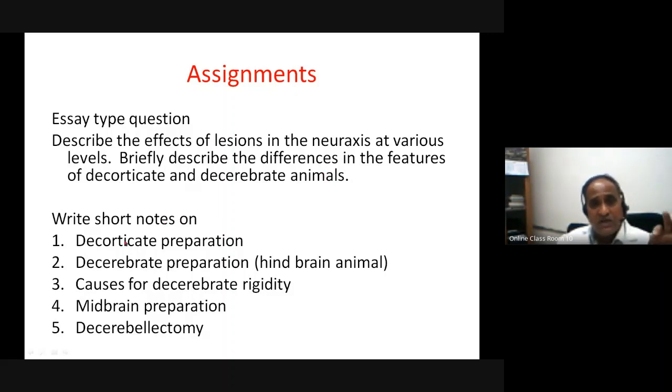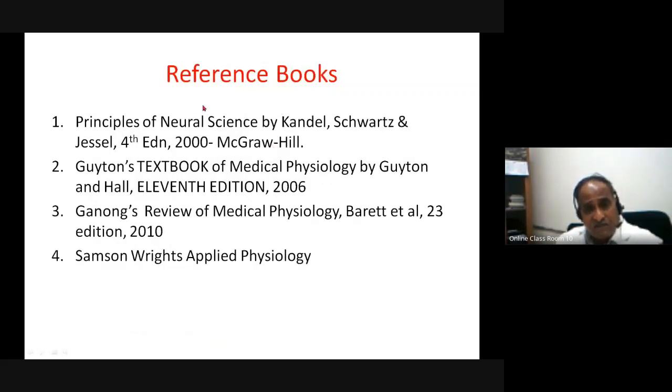Write short notes on decorticate preparation, decerebrate preparation, causes of decerebrate rigidity, midbrain preparation, decerebellectomy. These are the assignments, and the reference books: mainly I have taken it from Kendal and Samson Wright. It is very difficult, as some of them are not clean in Guyton's and Ganong's textbooks of physiology.